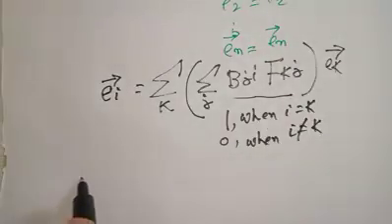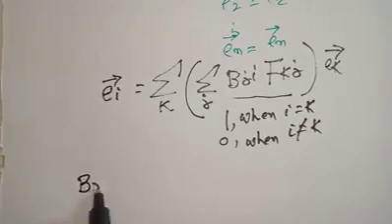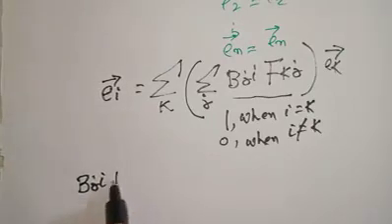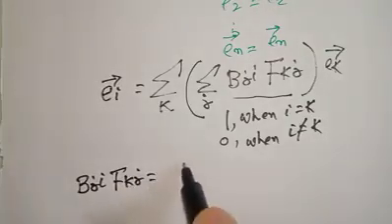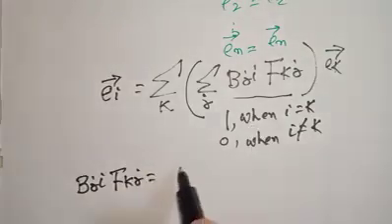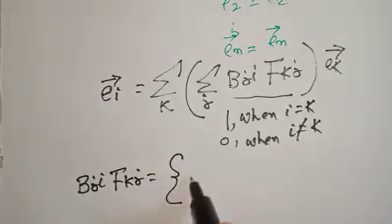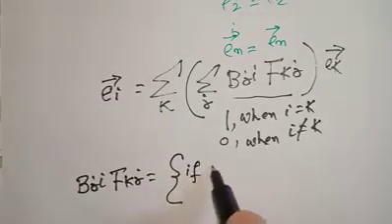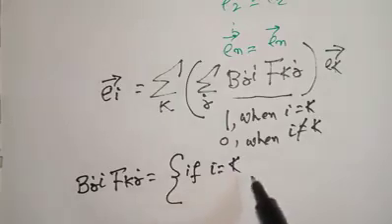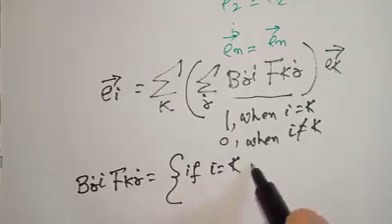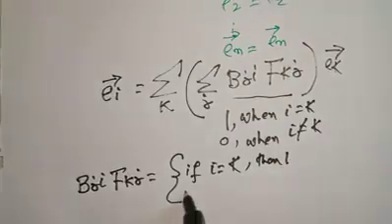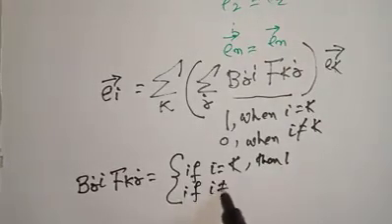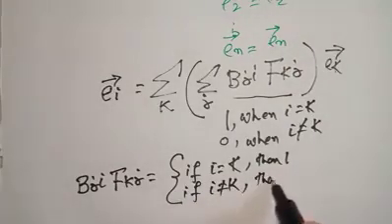So we can write b_ji f_kj equals what? It would be equal to, say for example, if i equals k, then it would be 1, and if i is not equal to k, then 0.